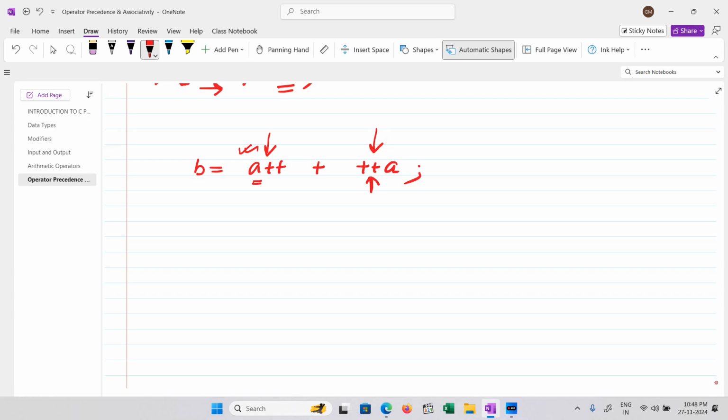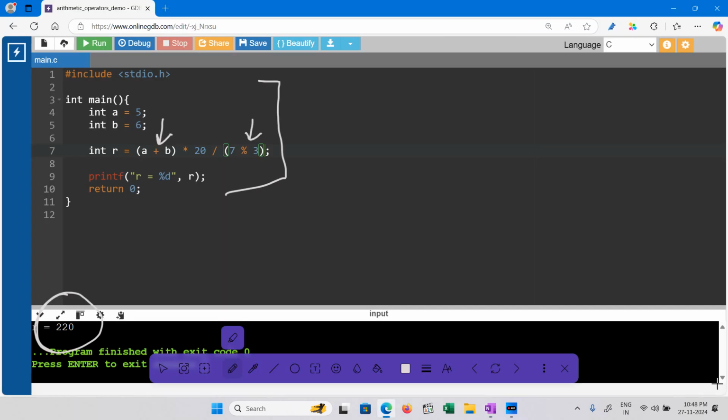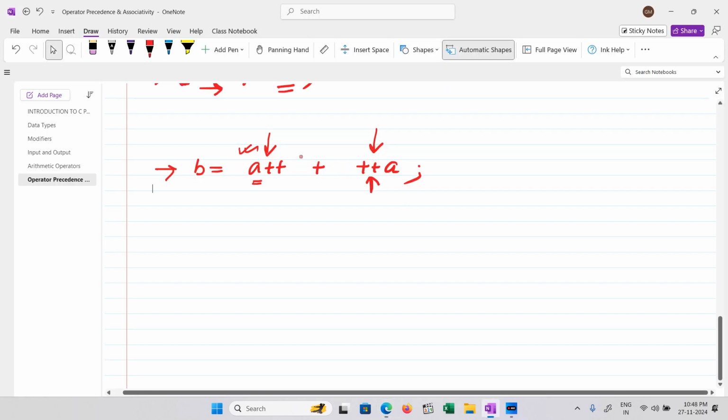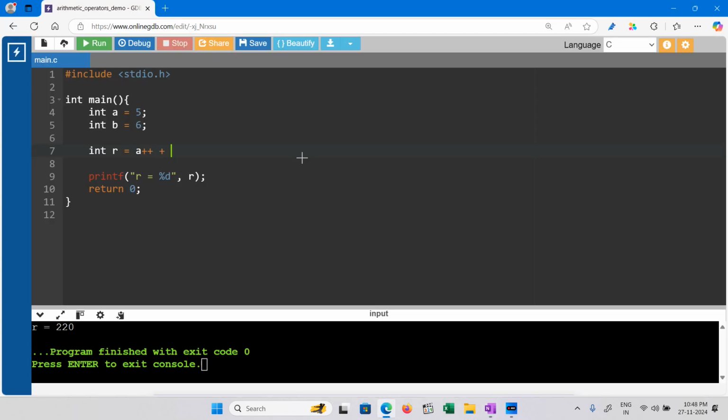And let's see how the compiler behaves. Let me refresh here and add the same one, a++ + ++a. Please put proper spacing between the operator and operand so that the compiler gets the correct syntax while evaluating. Now let's print a also along with r.